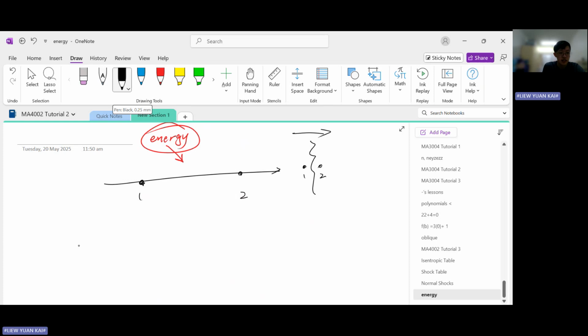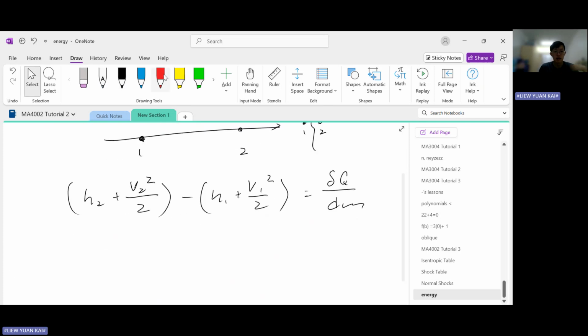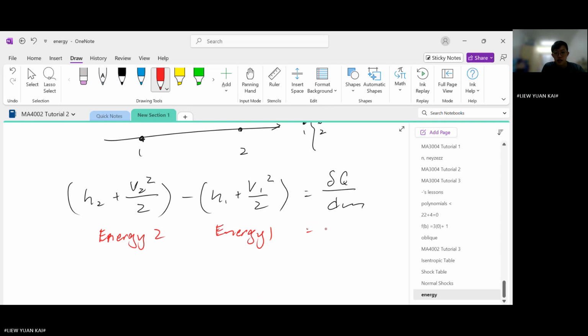So we can say that h2 plus v2 squared over 2, this is the total energy at 2, minus h1 plus v1 squared over 2, the total energy at 1, is equal to dq dm, the energy provided. Let me help you make sense of this.